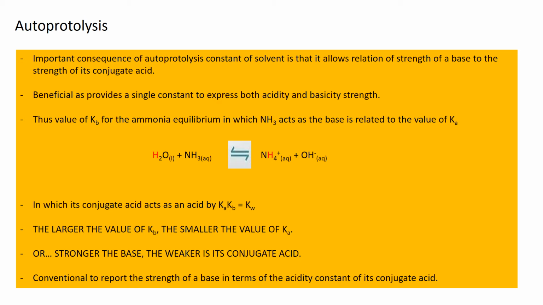Well, that's also related to the value of the conjugate acid. And you can relate that to this autoprotolysis constant, the acidity constant multiplied by the basicity constant. What this tells you is that if you have a large value for your basicity constant, then you will have a smaller value for your acidity constant, or essentially, the stronger the base, the weaker its conjugate acid.